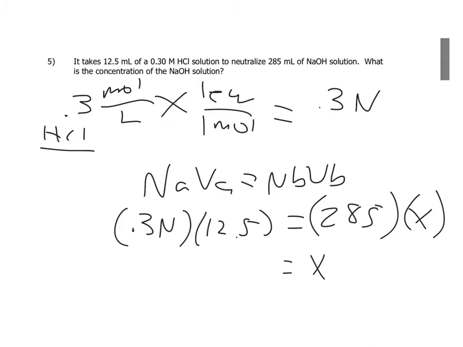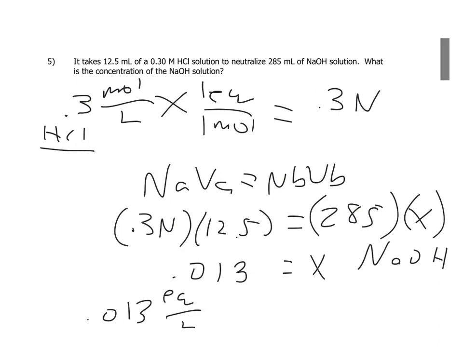My X, which is my NaOH, and again this is going to be in normality, will equal 0.013. So I need to take this 0.013, which is going to be equivalents over liters, and convert that over to molarity.